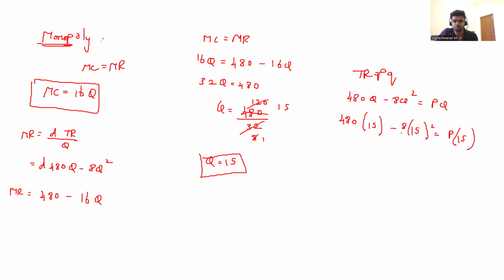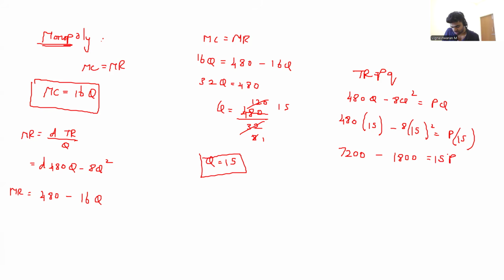Okay, 480 into 15, I use calculator. 480 into 15, that is 7200, minus 15 into 15 into 8, 1800, that is equal to 15P.